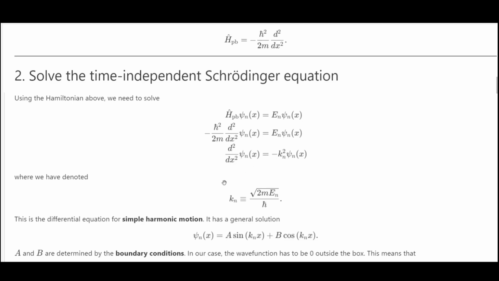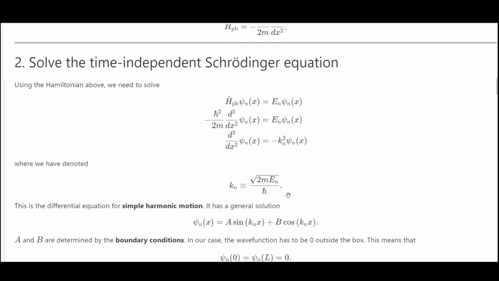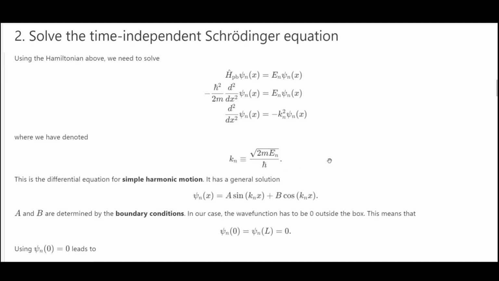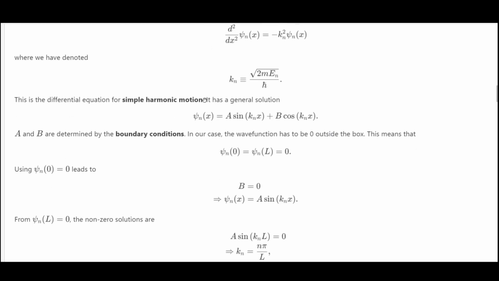And here I have denoted with this Kn just all the constants that appear, so it's more convenient to solve. And you can recognize that this here is the differential equation for simple harmonic motion. And it has a general solution that looks like this. You get it from standard ways of solving differential equations.